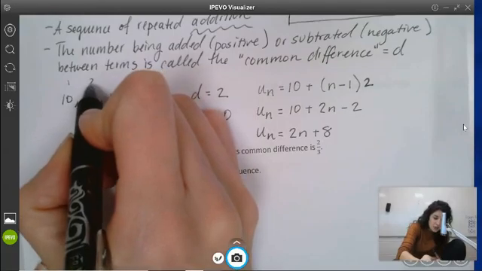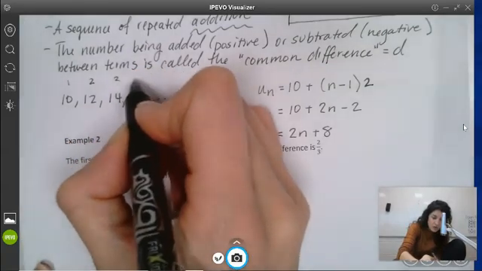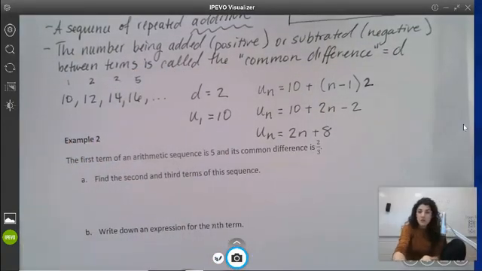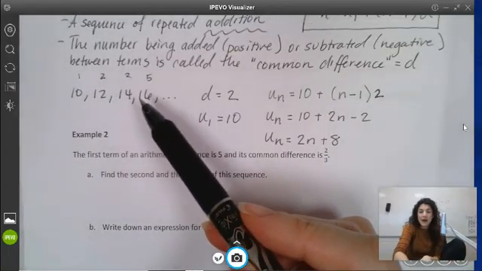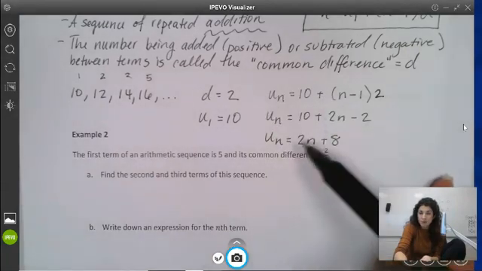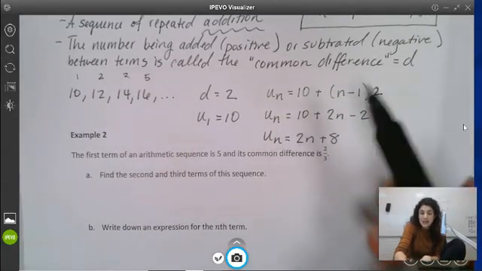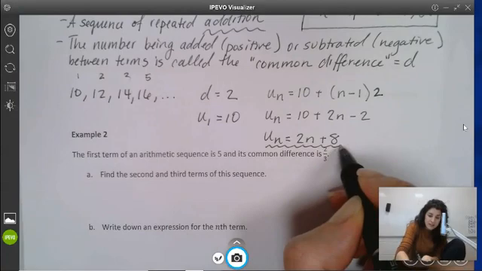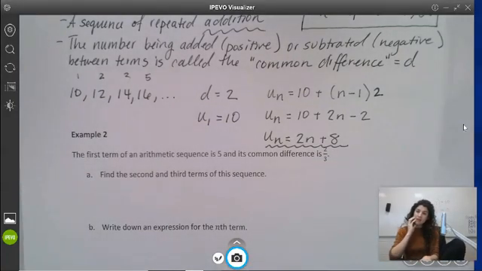If 1 goes to 10, 2 goes to 12, 3 goes to 14, 4 goes to 16, you might be like, I don't really know what I'm multiplying by in order to get here. And so that's why this formula is really nice, because this is what your formula is. It's not the puzzling out of looking at your table of values.